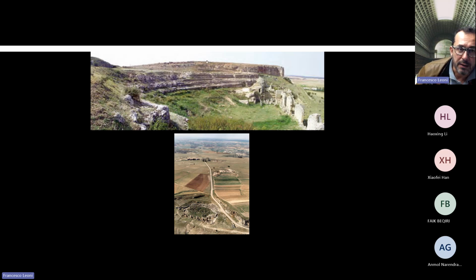Here you can see what the architects found when they were asked to produce a musealization of the area. Not that much left. Everything invaded by ground, grass, vegetation, and so on.